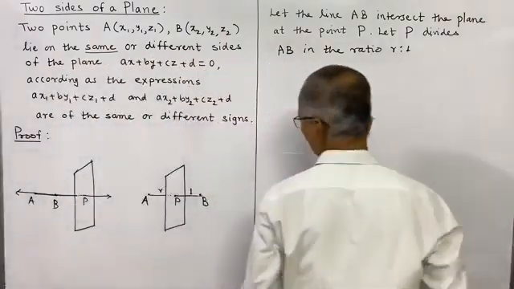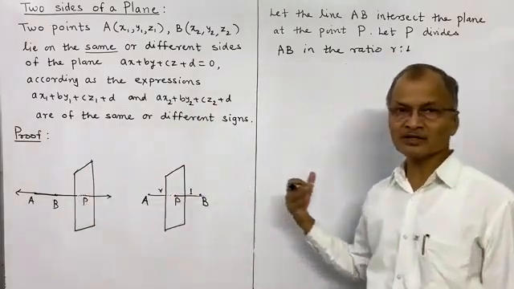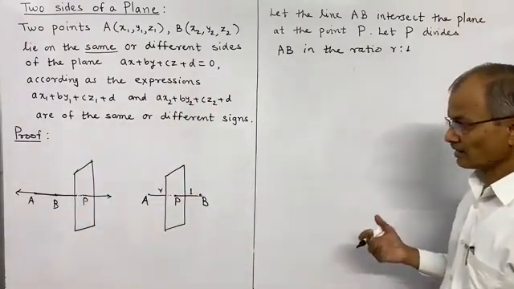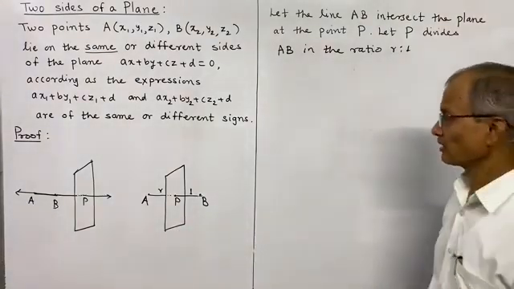We know the points A and B will be on the same side if the division is external, and on different sides if the division is internal.